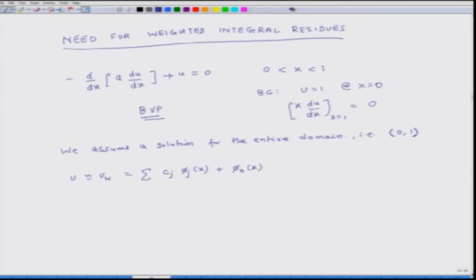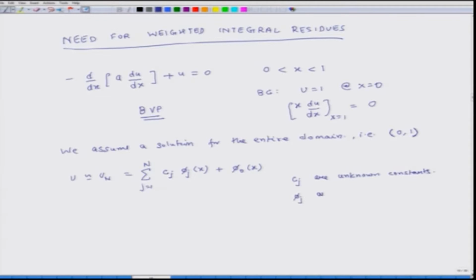I am just assuming this form; there is no reason that I have to have it, but this is for illustration purpose. Here Cj are unknown constants.